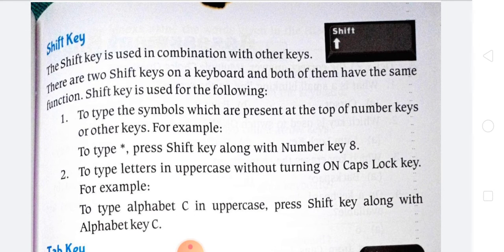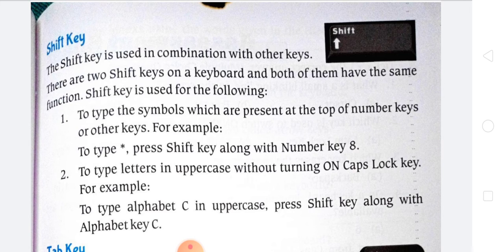Then you may see here this one is the shift key. The shift key is used in combination with other keys. There are 2 shift keys on a keyboard, and both of them have the same function. The shift key is used to type the symbols which are present at the top of the number keys or other keys.